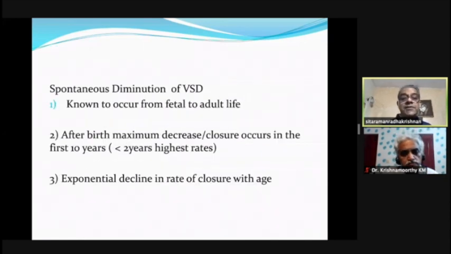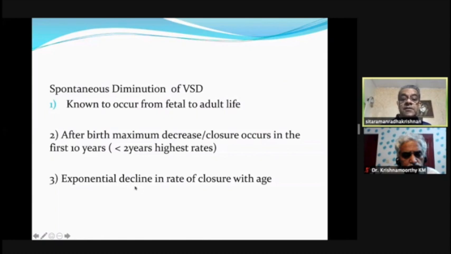So spontaneous diminution of VSDs is known to occur right from fetal life to adult life. But remember that after birth, the maximum decrease or closure usually occurs in the first 10 years of life, and actually within that, less than 2 years of age has the highest rate of spontaneous closure.